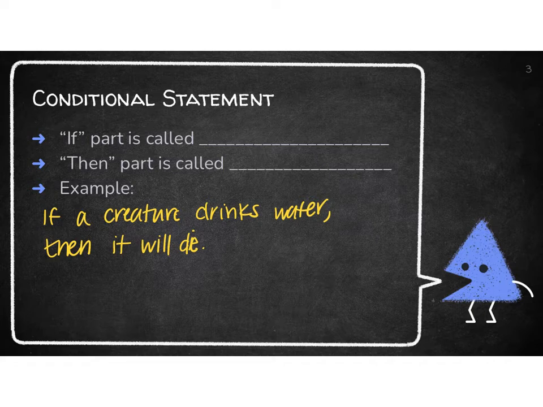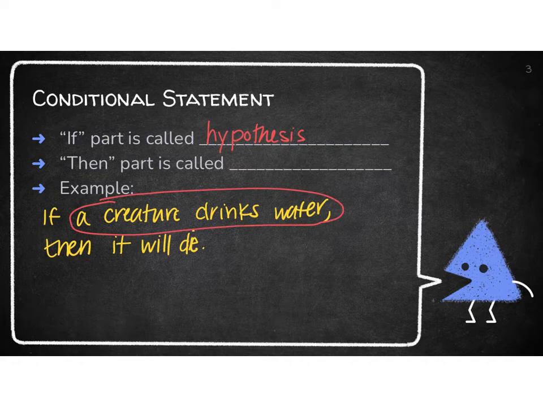The if part is called the hypothesis. Okay, so our hypothesis in this example: a creature drinks water. We don't need to write out the if, but the hypothesis is that first part right after the word if.